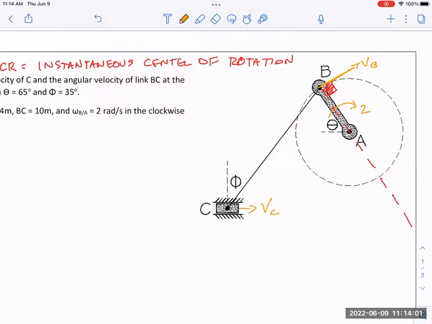In other words, I could take off, well, I guess in this direction right here. Does it make sense that this being 90 degrees, I could consider, at least for that instant in time, that the center of BC is also rotating around a point?